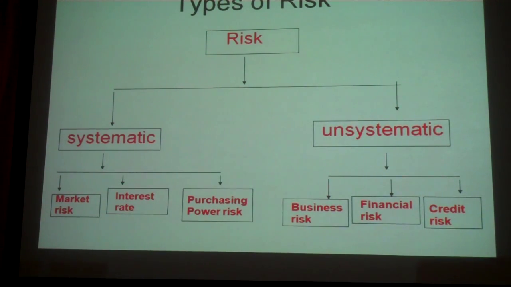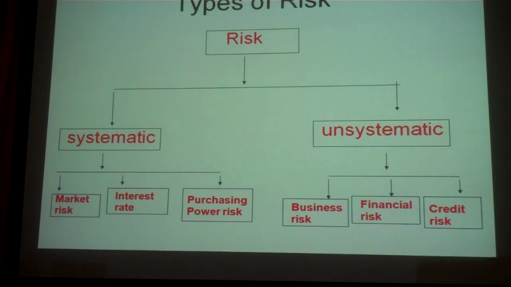Company specific risk is unsystematic risk, which the company cannot do anything about, whereas as an investor I can diversify it. I can reduce it. As an investor, I can reduce which type of risk? Unsystematic. As an investor, can I reduce systematic risk? No. Why? Because that is systematic across the industries, across the companies.